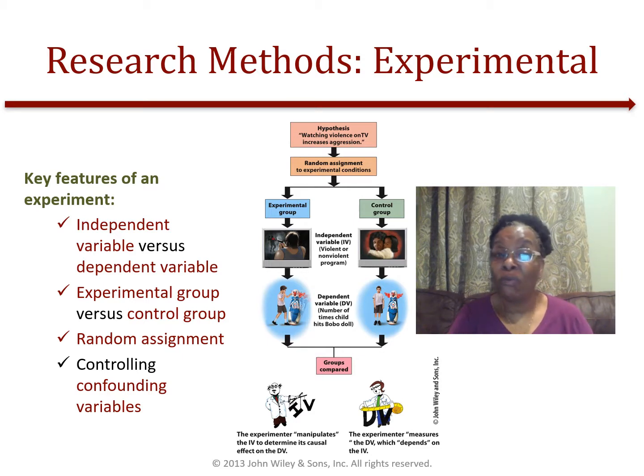In order to avoid any kind of sample bias, an experimenter would usually randomly assign subjects to two different groups, that being the experimental group, which we give treatment to, or the control group, which do not receive any treatment. Okay.